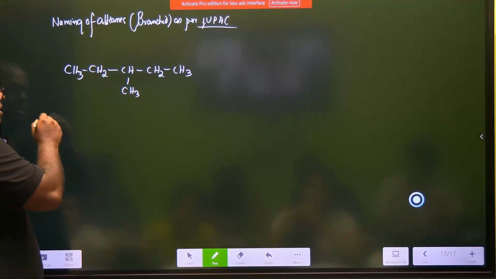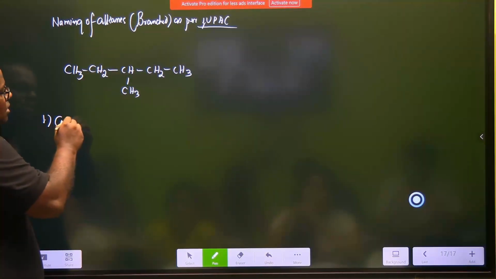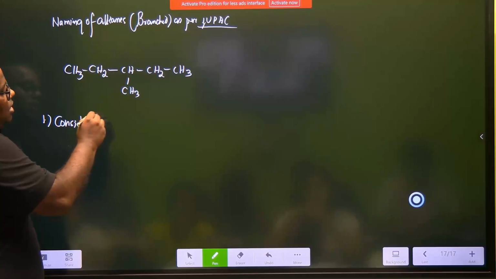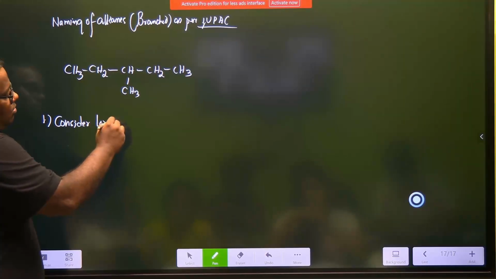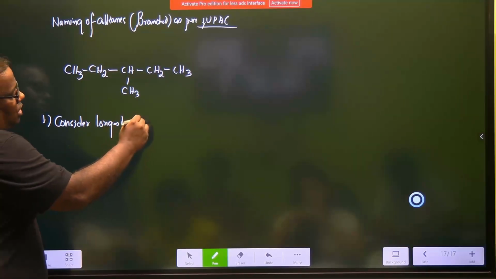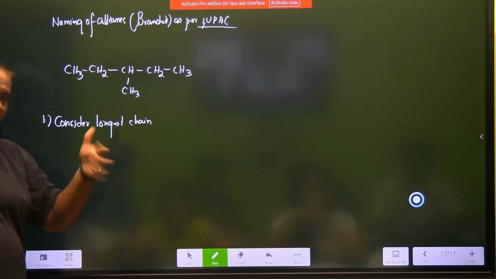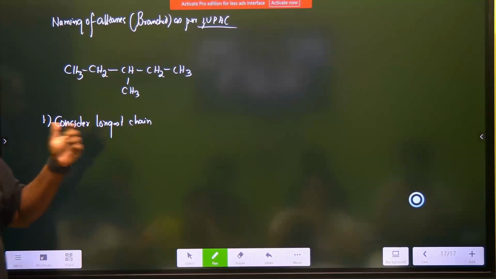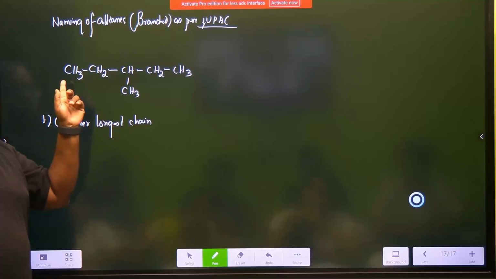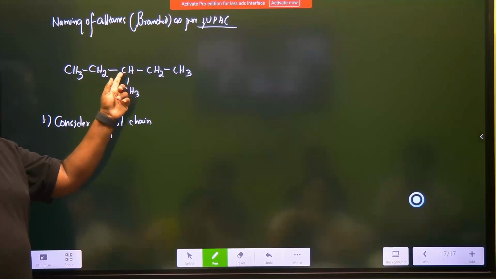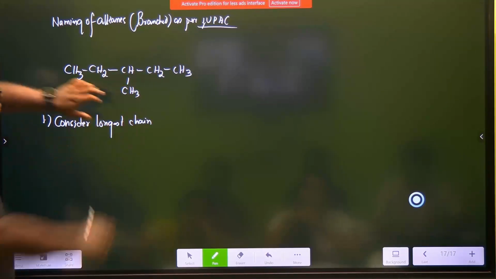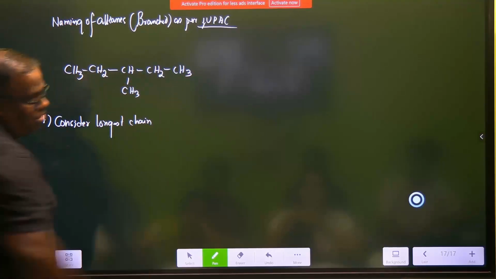IUPAC first says consider longest chain. Longest chain. So let's understand what is longest chain. Don't write, first understand. You will not understand by writing. Longest chain. What is longest chain? 1, 2, 3, 4. If you make it straight like this, then these two are on the sides.